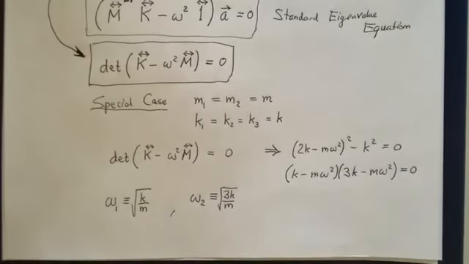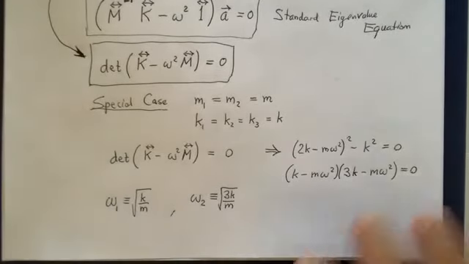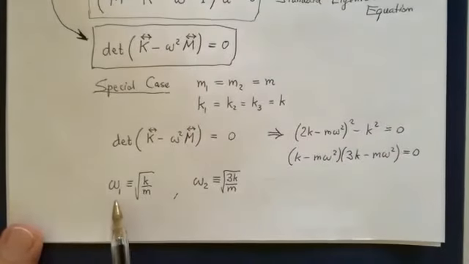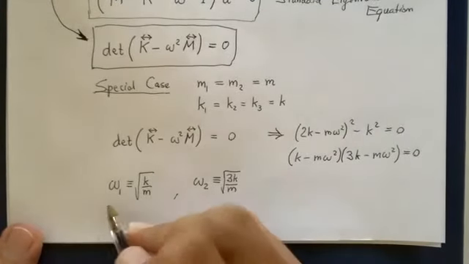But the really important thing here is the following. We do have the numeral 1 as a subscript here, and we have the numeral 2 as a subscript here, right? But this is not to say that omega 1 is associated with particle number 1 and omega 2 is associated with particle 2. These are normal modes, and so this is now the mode number.